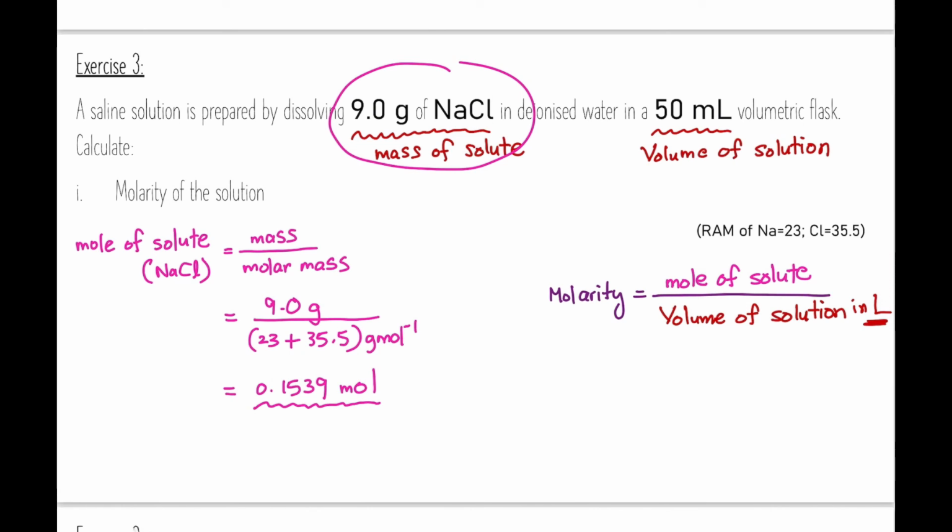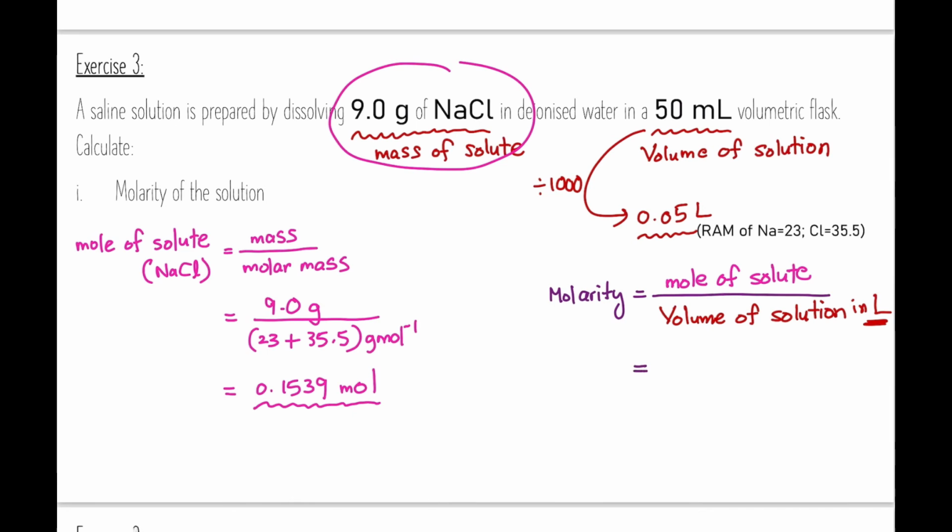Don't forget that to calculate the molarity, the volume of solution needs to be in liter. Therefore, we need to divide 50 ml by 1000 so that we will obtain the volume in liter, which is 0.05 liter. Now we have both the values for the mole of solute and the volume of solution.